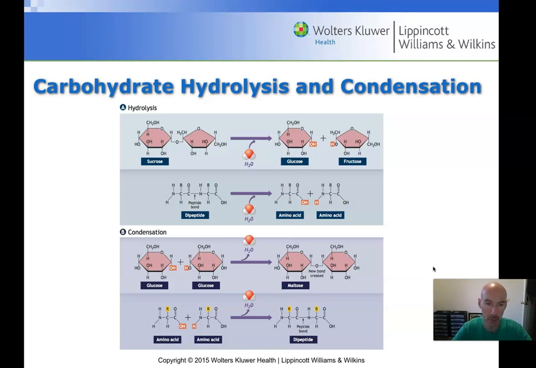Here is another example of the chemical reactions occurring. In this case, this is hydrolysis, which is I think I said that backwards earlier. I apologize. Hydrolysis is the addition of water to a molecule to allow for its conversion. Okay, carbohydrate, protein. Down here, condensation is the removal of water, again, to allow conversion of one form of energy into another.